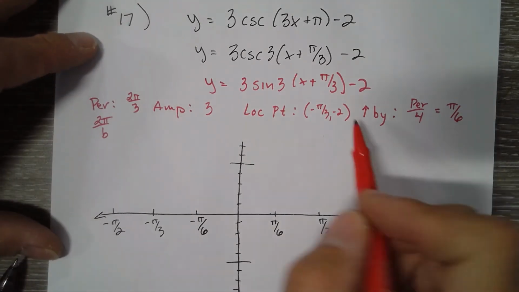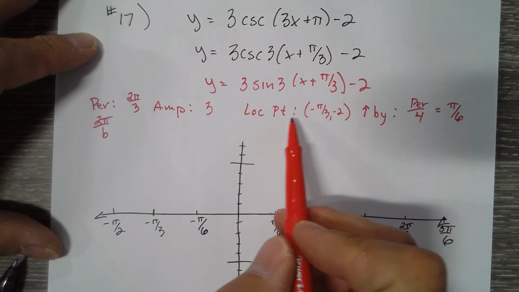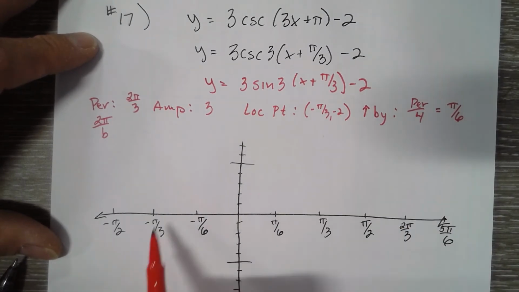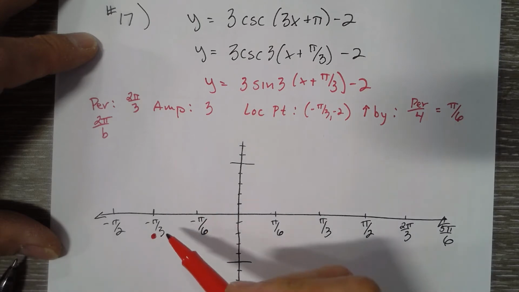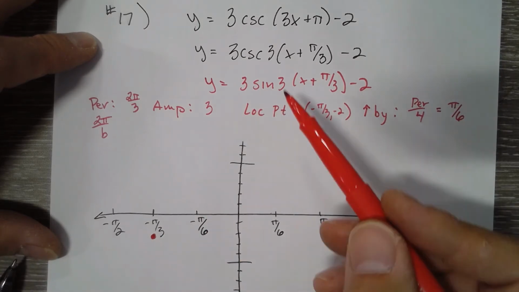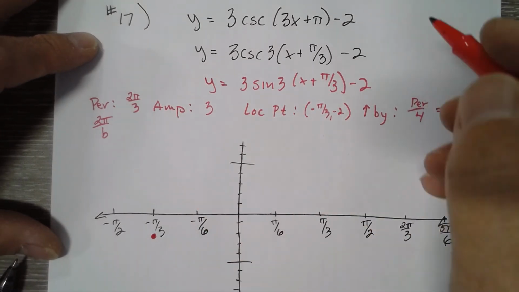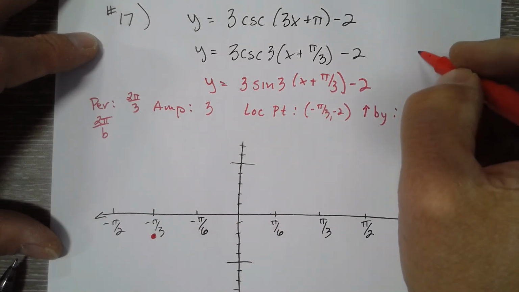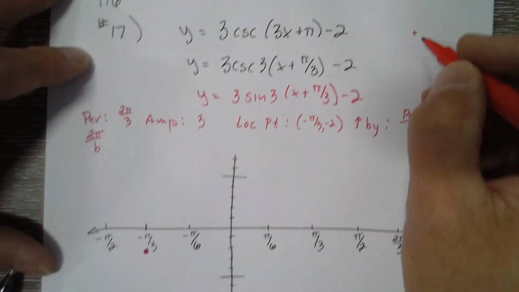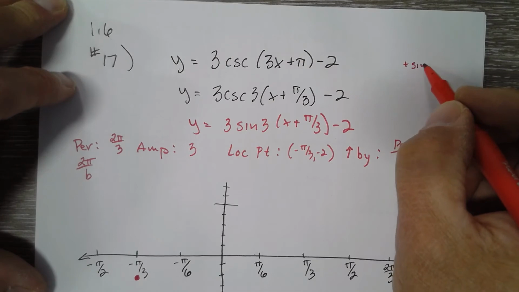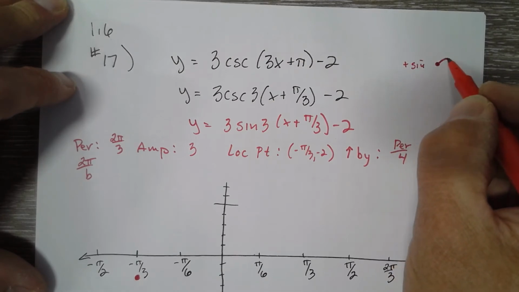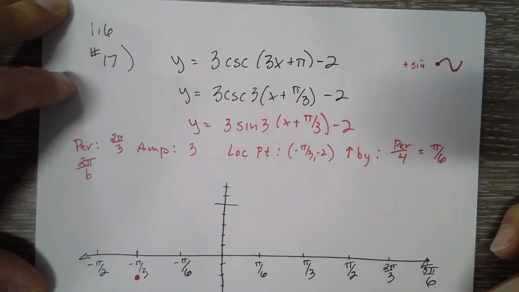Okay, so my locator, now I'm graphing sine here, is negative pi over 3, negative 2. Right there. So remember sine, since it's a positive leading coefficient, the general positive sine looks like this, there's my locator, like that.